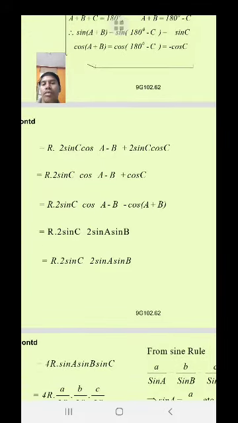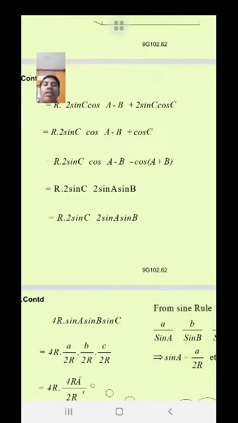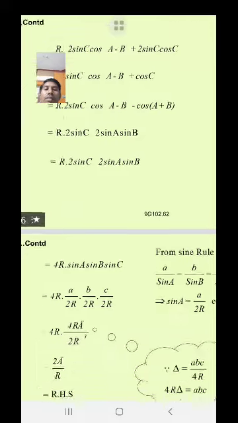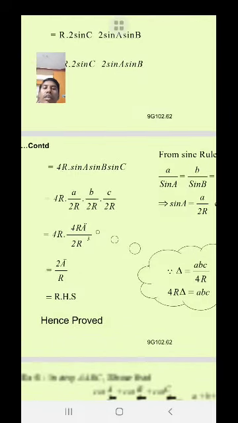So R into 2 sin C, and cos(A minus B) minus cos(A plus B) equals 2 sin A sin B, and that equals R into 2 sin C into 2 sin A sin B. So 2 into 2, 4R sin A sin B sin C.